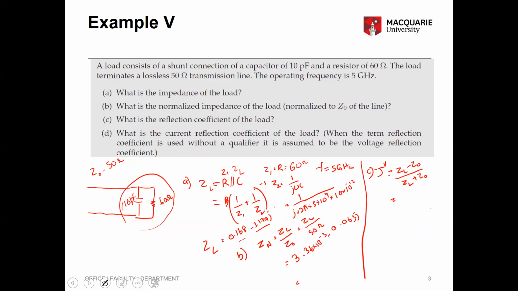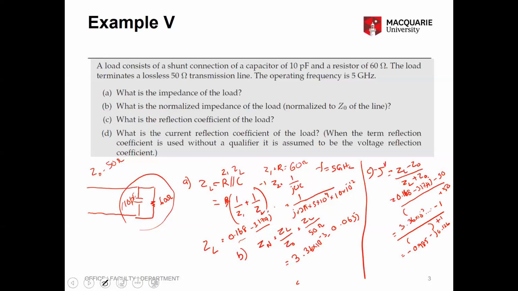So if you use the 0.168 minus 3.174j values, that's not normalized, so you have to minus 50 and then do the same plus 50. If you use the normalized values, you get 3.36 times 10 to the power minus 3 minus 0.063j, minus 1, divided by the same value plus 1. That's what you need to do, and you'll find the answer as minus 0.985 minus j0.126.